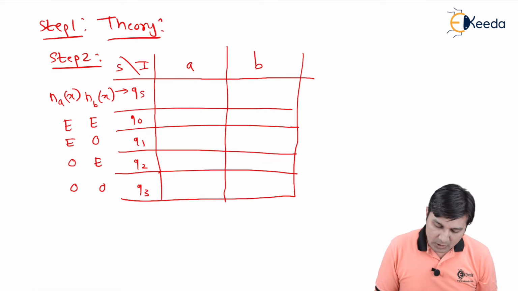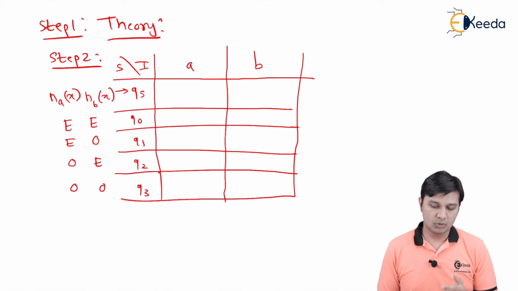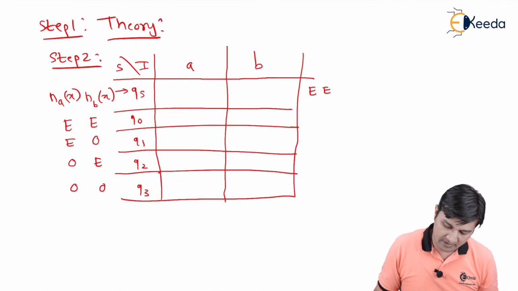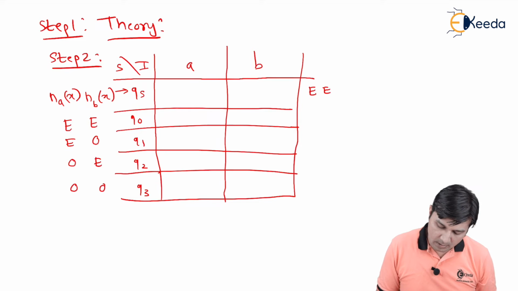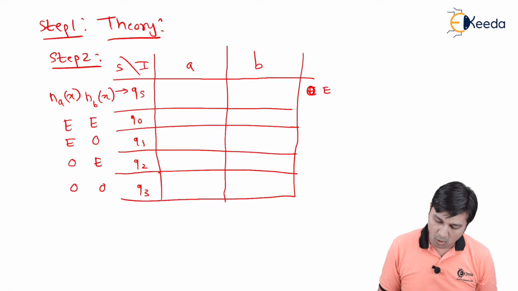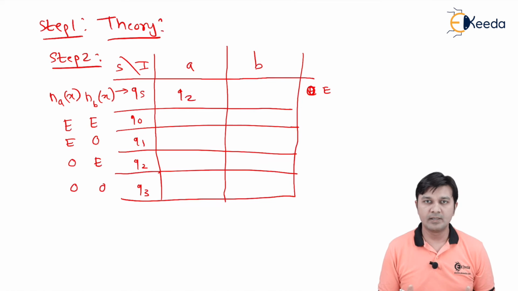In the start state, I do not have anything as input. That clearly signifies that my numbers of a's and b's are even. So even a's and even b's are with me, and I come across an input a, so that changes my a's to odd, and the odd-even combination is state Q2, right?